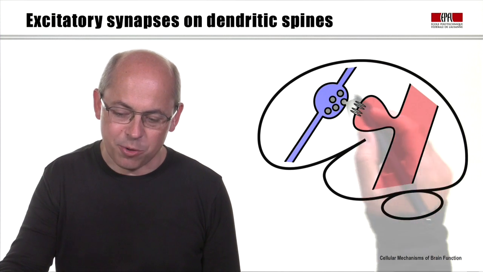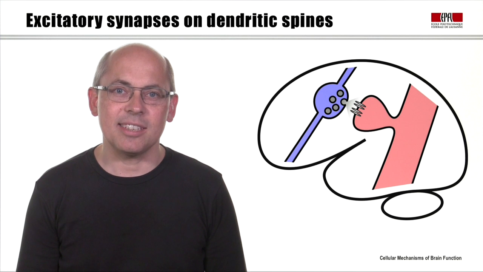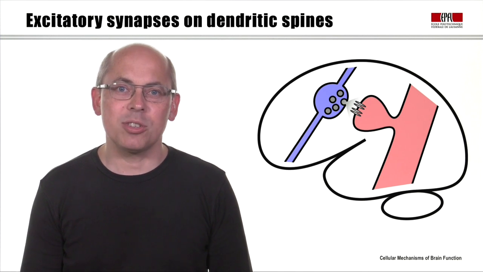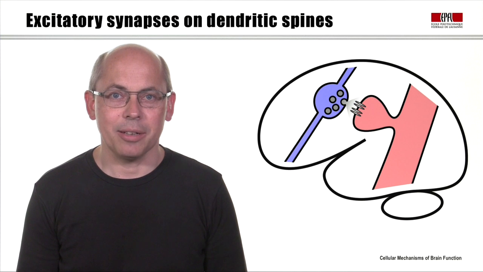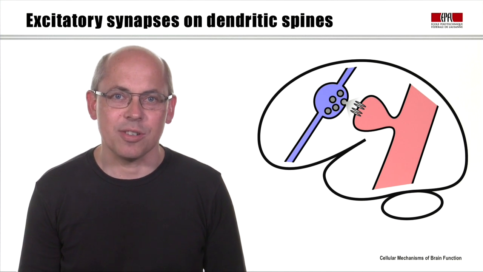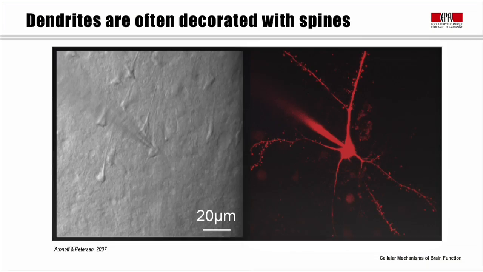These 1 micrometer structures are the main sites of where excitatory glutamatergic inputs arrive onto most types of cells in the brain. They're likely to have a variety of important functions, and that's what we'll discuss in this video.